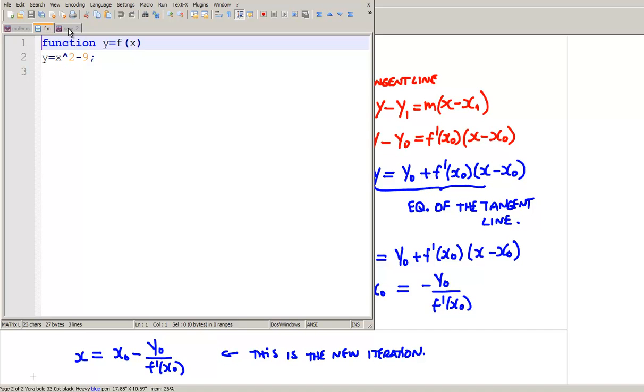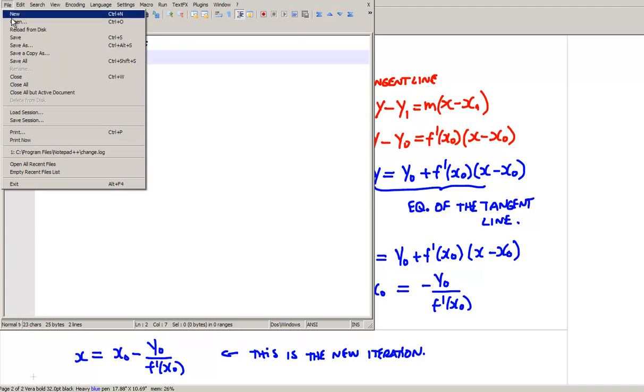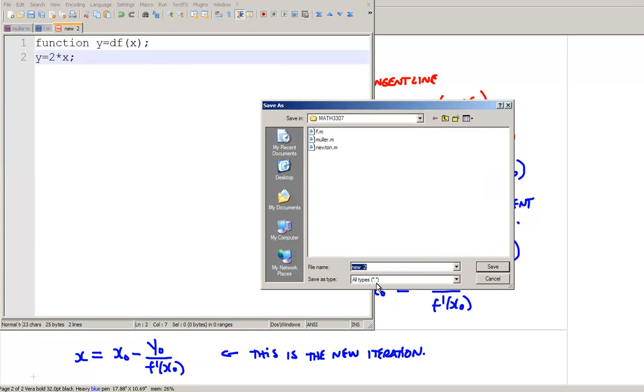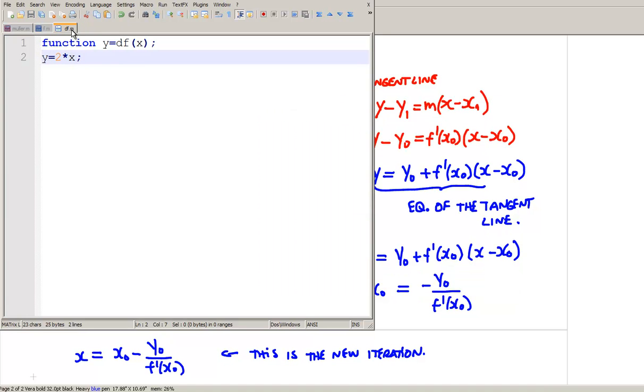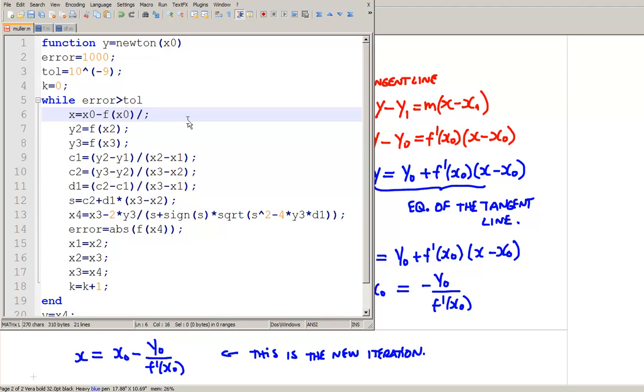So that's one problem with Newton's method: I need to have not only the function, but also the derivative of the function. It's 2 times x. That's it. I'll save it as df.m. So here I have the derivative, and here's the function. Now I can call it from here.